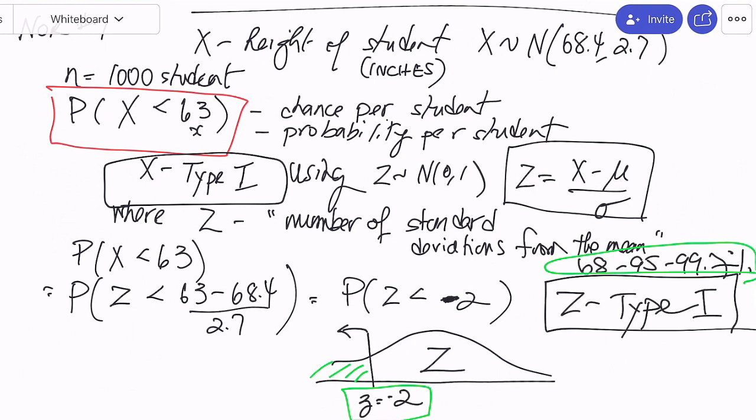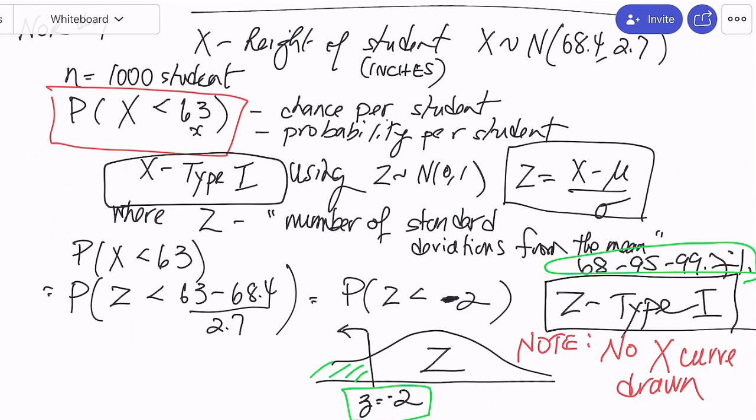So basically, I convert so I can use the table. And notice I didn't draw the x curve. I drew the z distribution.